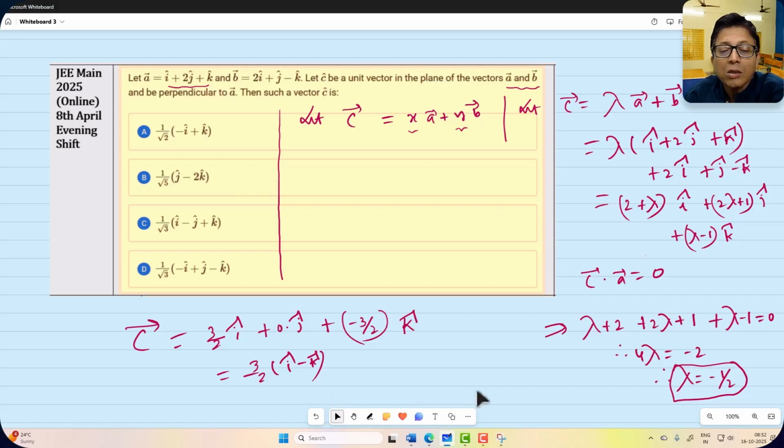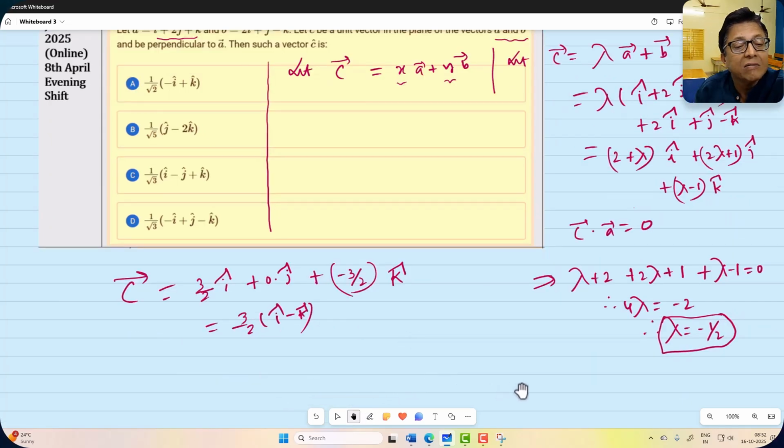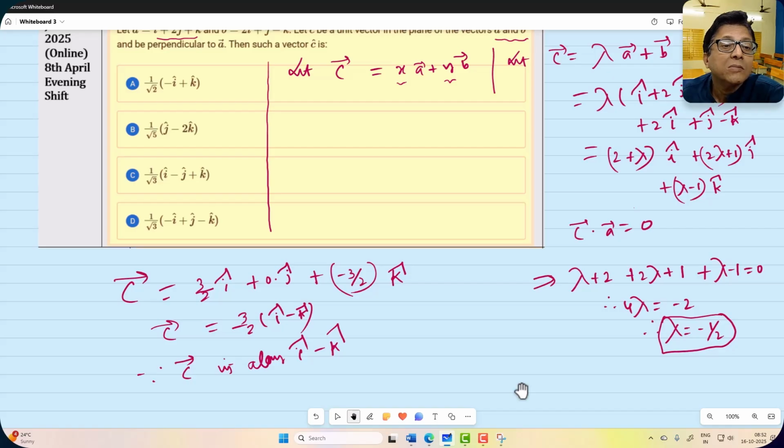Now, the C vector is some scalar multiple of i minus k. Since C is in this form, C is along i minus k.